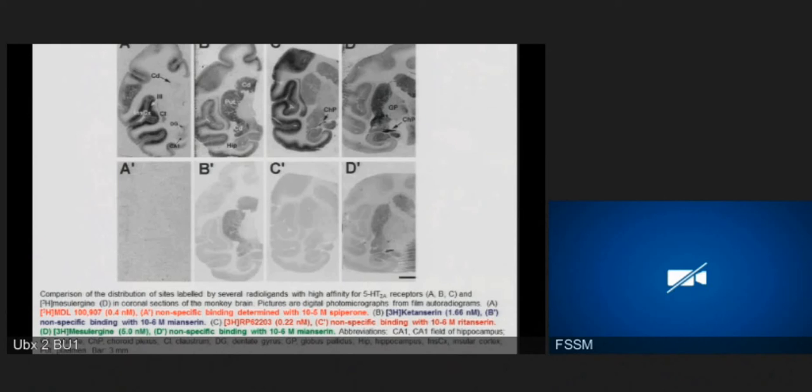On this slide you see different densities from black to white inside the slice, and it corresponds to distinct labeling and regional binding of different ligands in A, B, C, and D. This is called quantitative autoradiography because when we do this, we have a scale for radioactivity, so you can appreciate the density of labeling.